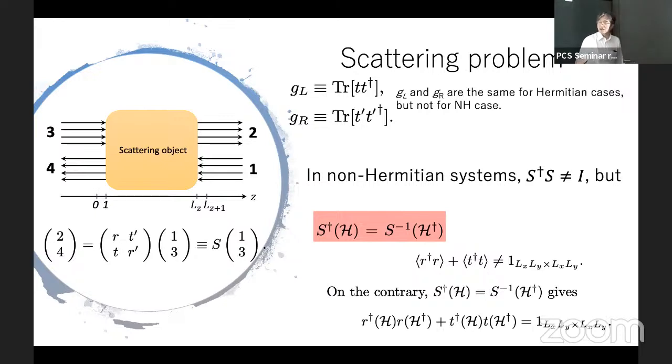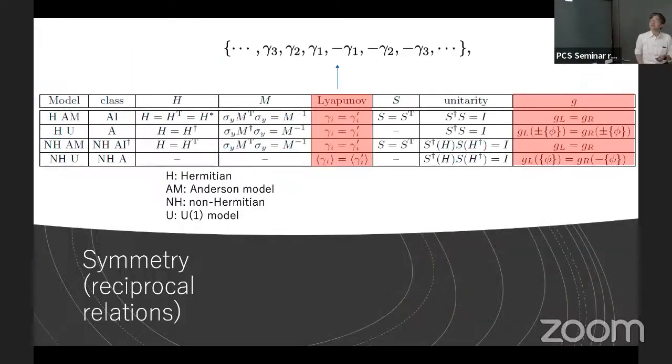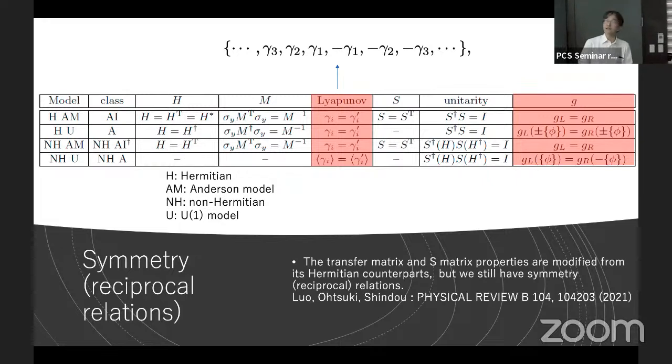But R dagger of H times R of H dagger plus T dagger of H times T of H dagger should be a unit matrix. And this relation is also checked numerically to monitor whether the numerical calculation is okay or not.